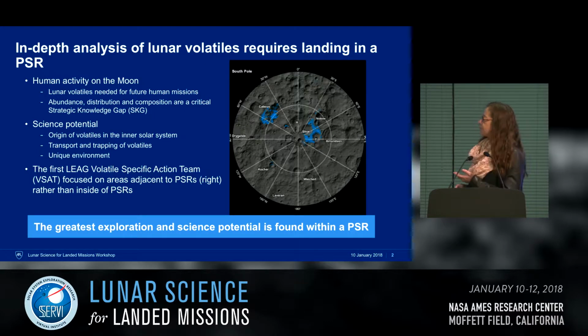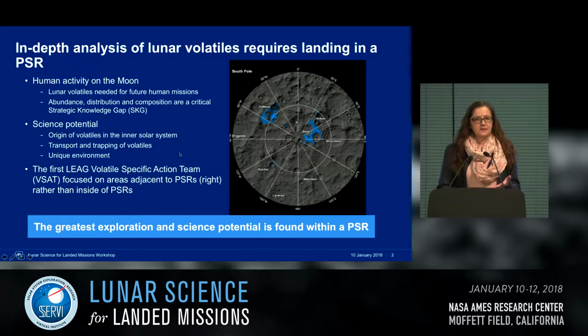But if we want to maximize our understanding of volatiles for human activity on the moon and for science, we need to go into the PSRs. Now, for science, I particularly want to emphasize the origin of volatiles in the inner solar system. We talk about the moon being a cornerstone for the history of the solar system with the impact history and the other history of the moon.